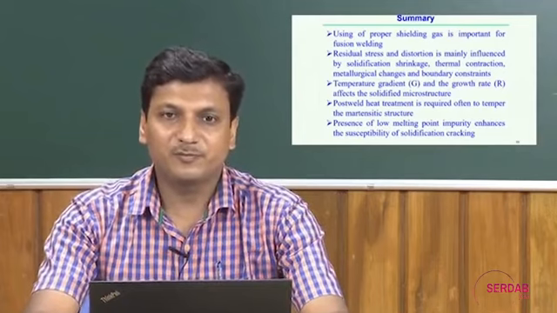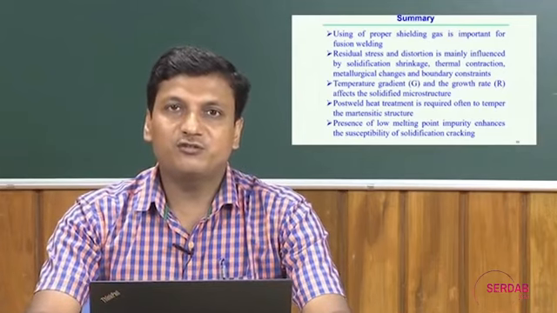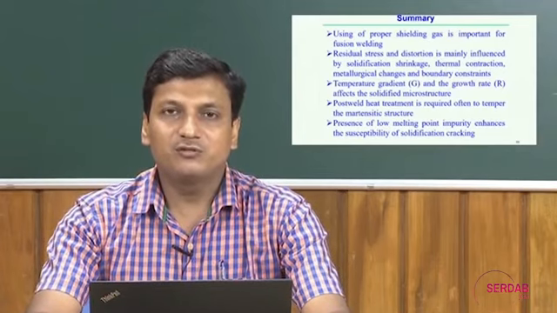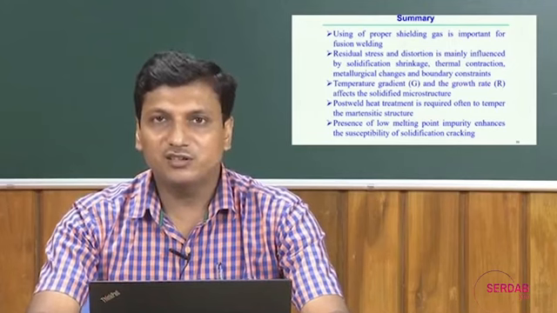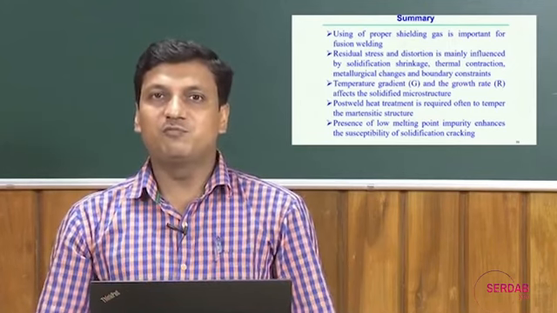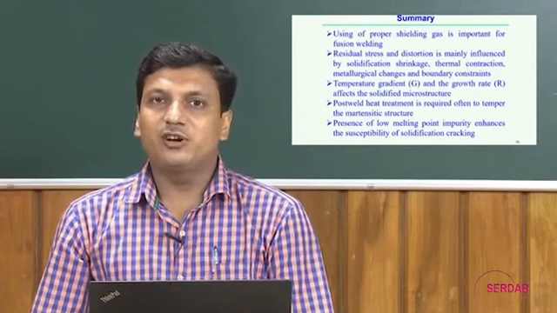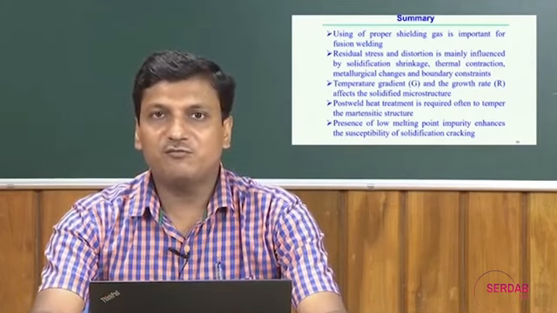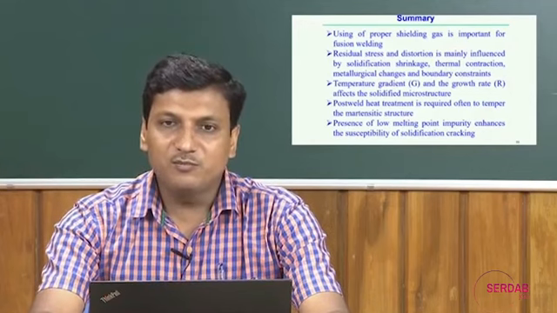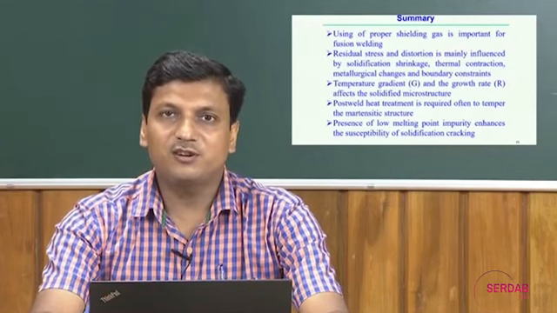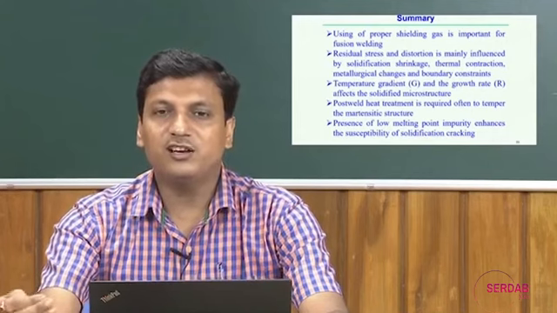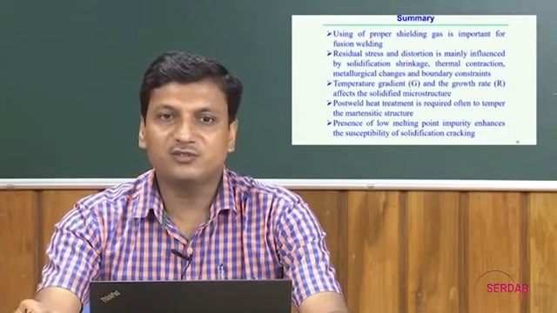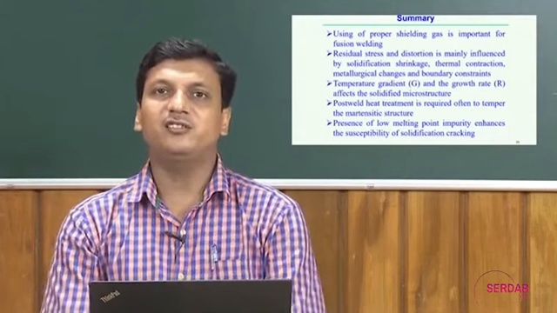Next, post weld heat treatment is often required for tempering the martensitic structure, and that actually improves the weld joint properties. Of course, the presence of low melting point impurity elements like sulfur, phosphorus, boron actually enhances the susceptibility to solidification cracking.